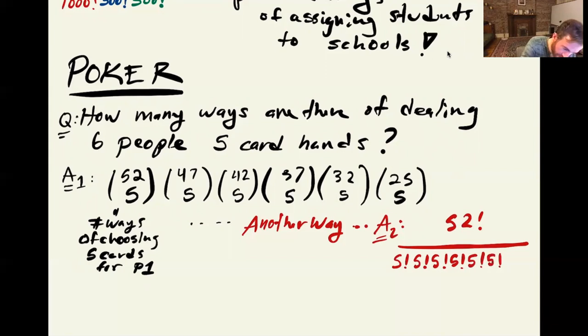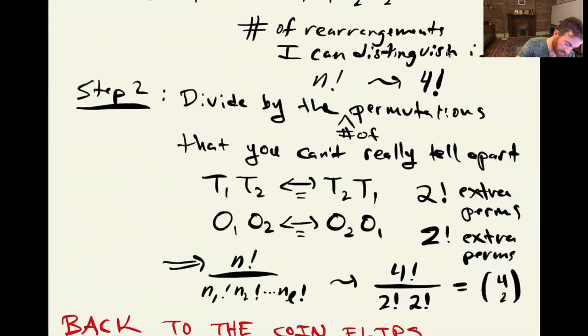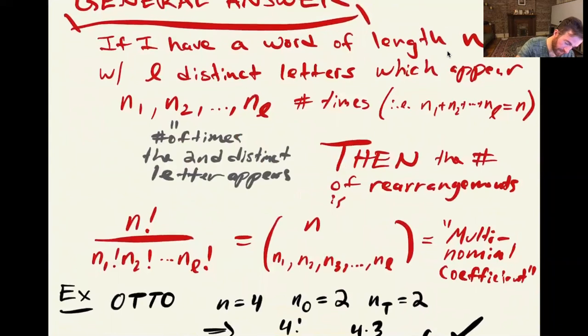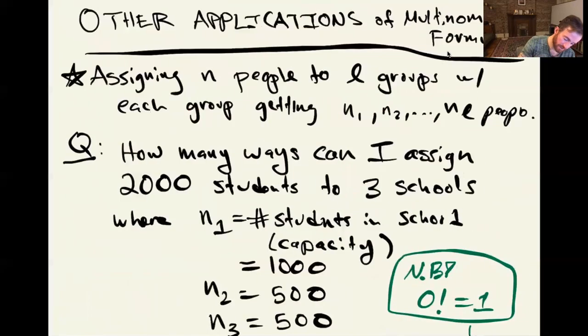Now notice these numbers only add up to 30, which isn't equal to 52. And if you go back briefly to our formula right here, I needed the sum of the numbers in the denominator to be what's up top. So n1 plus n2 plus n3 plus nl needs to equal n. And right now that's not true here.